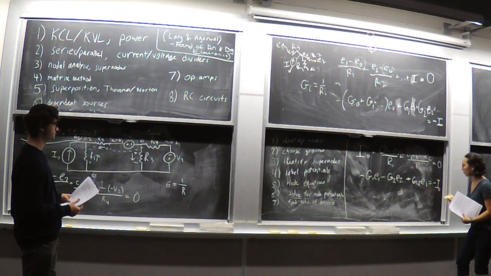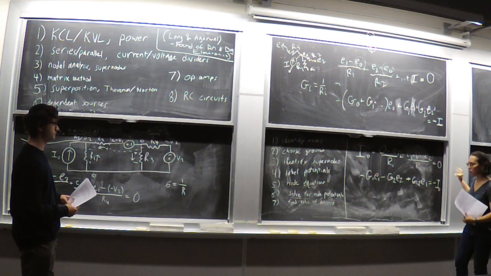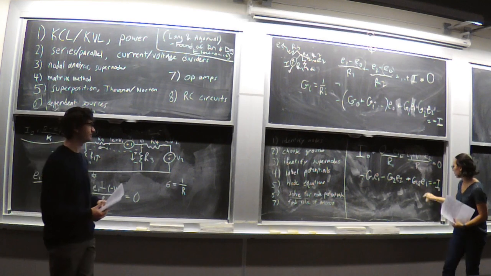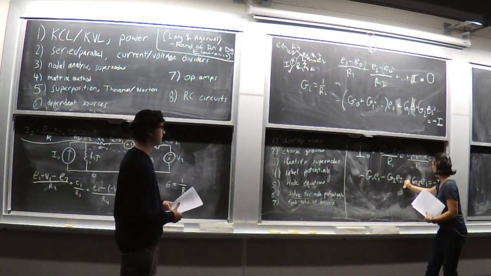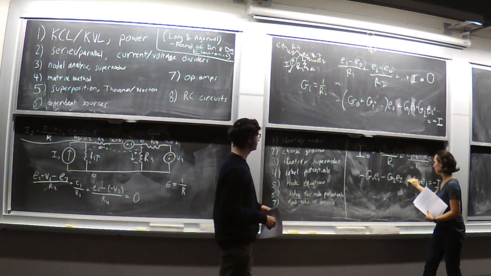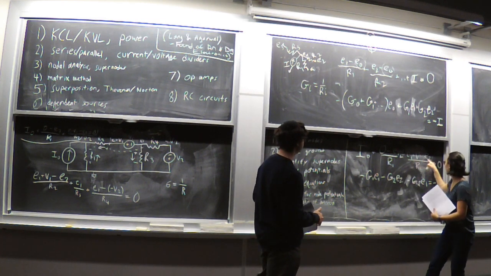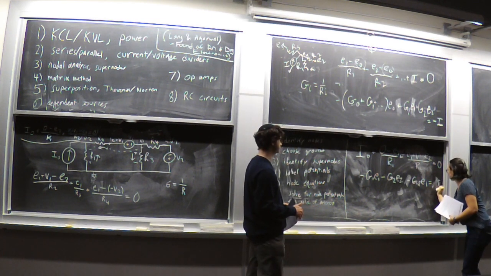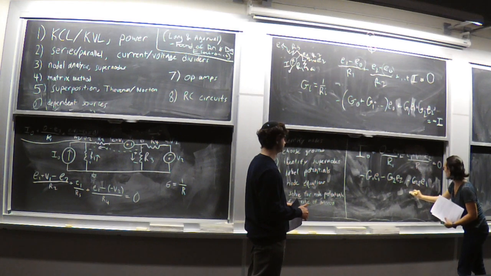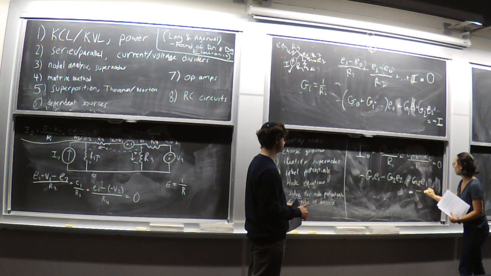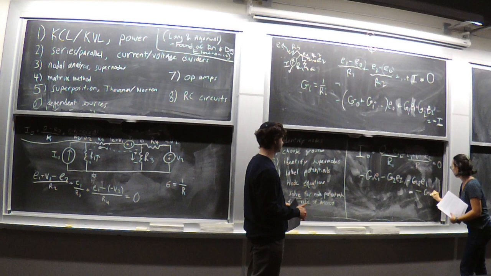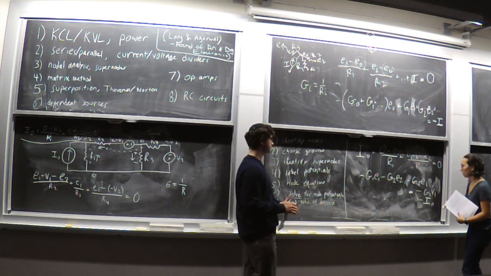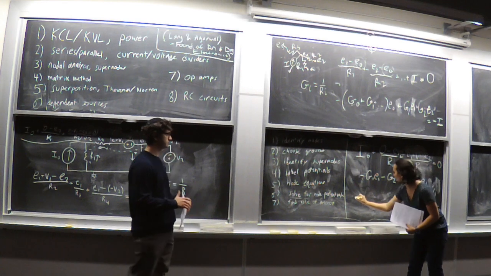Let me check this. If we combine these terms, this should be minus. So this is equal to minus G2 V1 plus minus I naught.